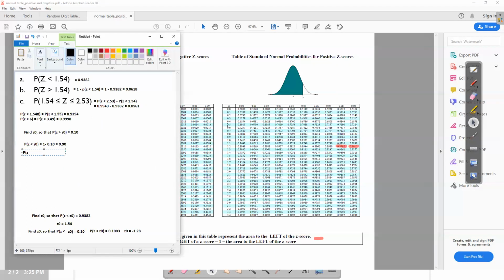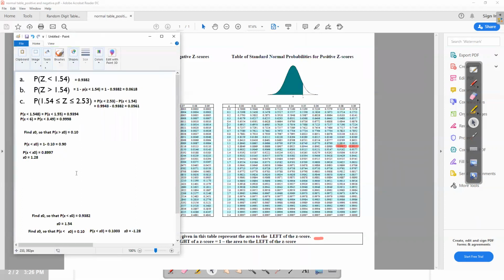We couldn't find 0.90 exactly, but we're able to find 0.8997, right? And then the corresponding z0, we can approximate to be the corresponding Z-score, 1.28. Right, so this is how I look up the Z-table, from Z-score to probability as well as from probability back to Z-score.